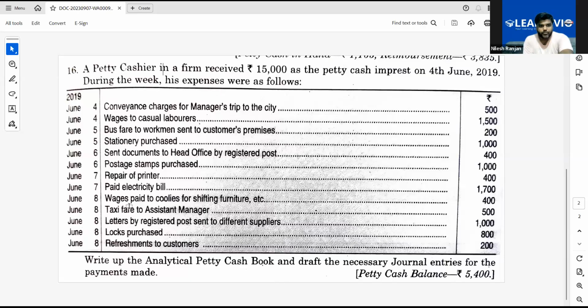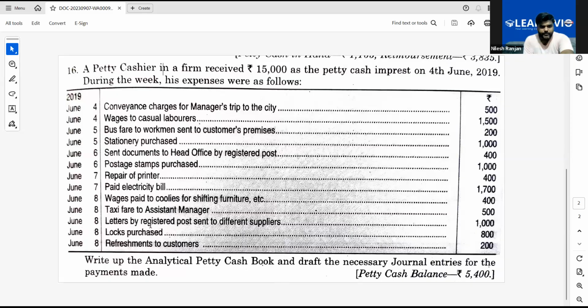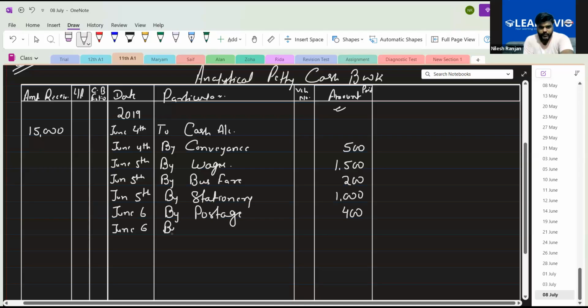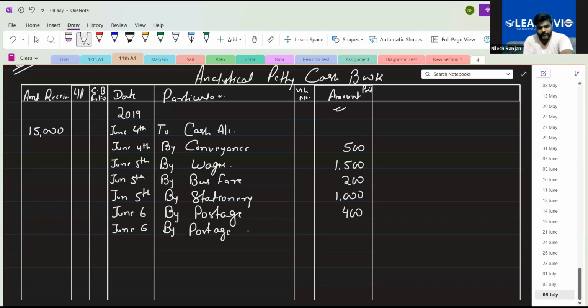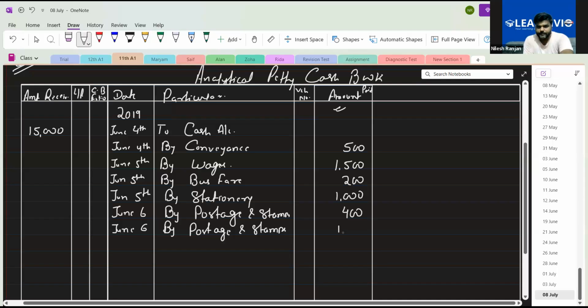Then postage stamps purchased again, June 6th, by postage and stamps. Same category, so postage and stamps. It will be 1000.